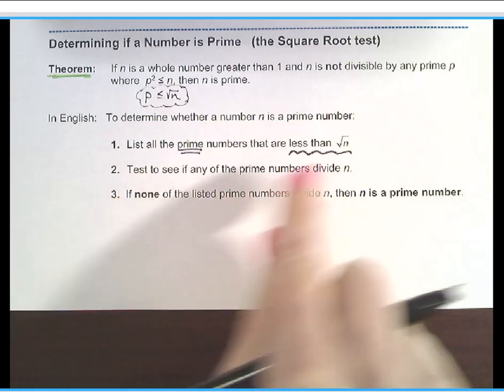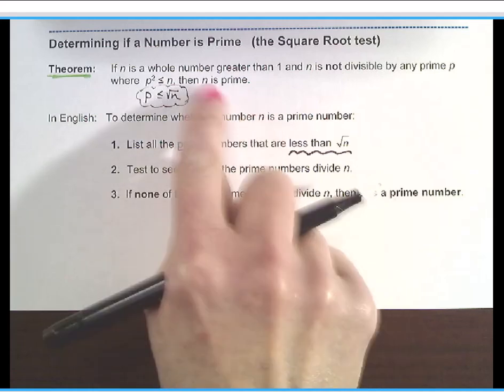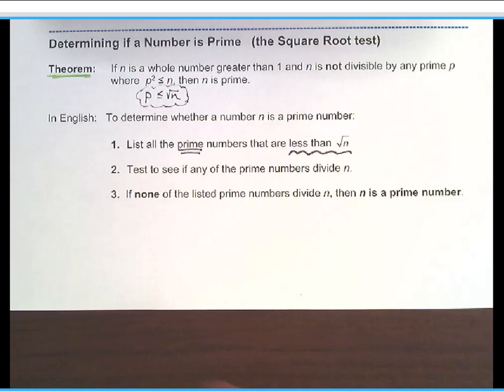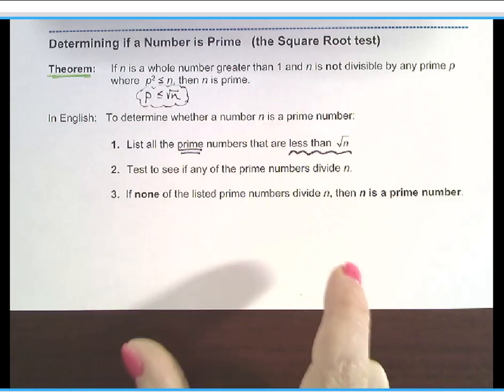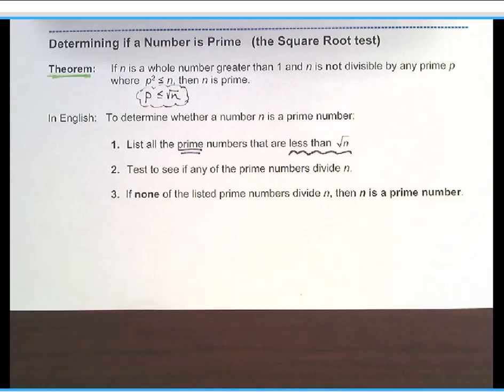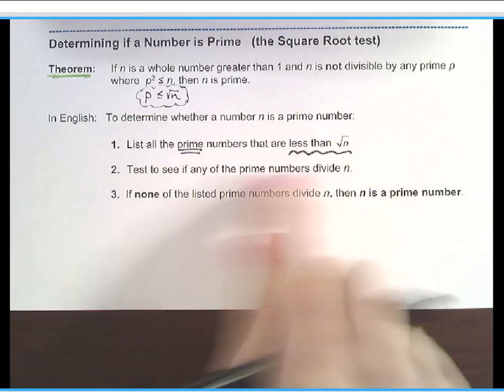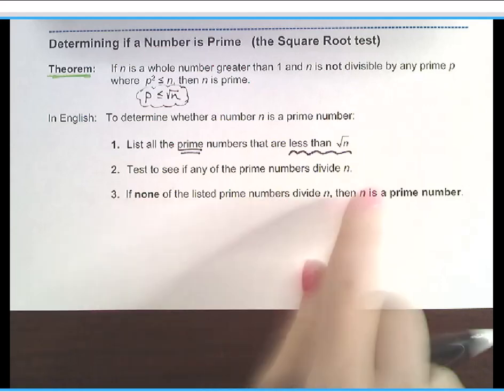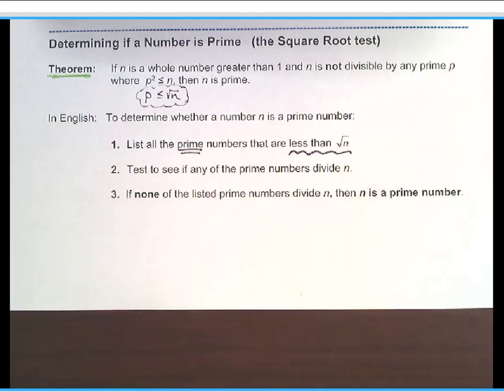So instead of testing all of the numbers less than your number, we're narrowing it down and just making you test the primes. This is a huge shortcut. We're reducing an infinite amount of numbers down to just the prime numbers less than or equal to the square root of n. If none of those prime numbers divide into your number, then you have found yourself a prime number.